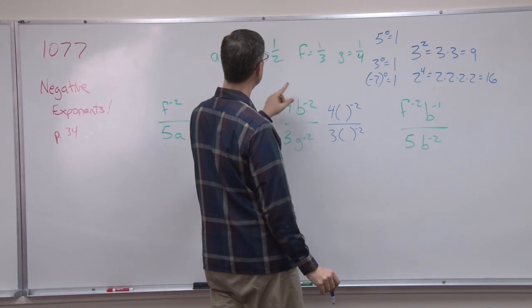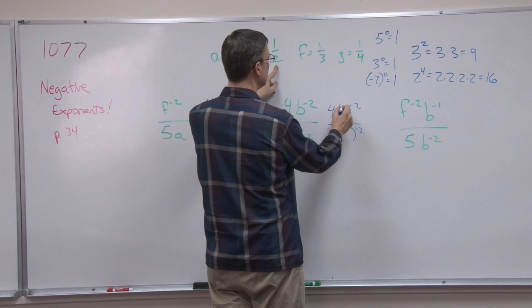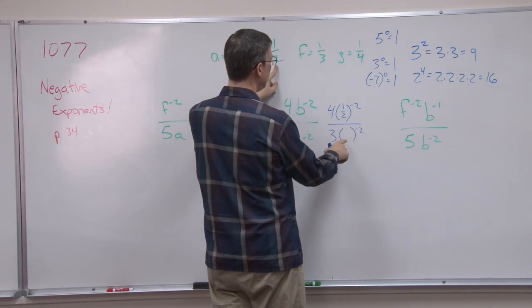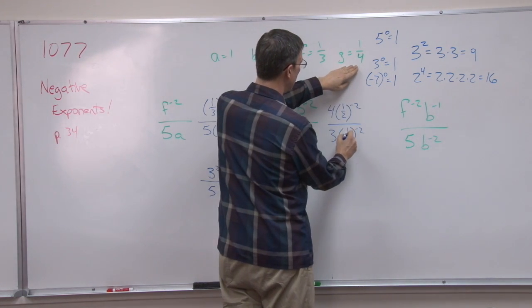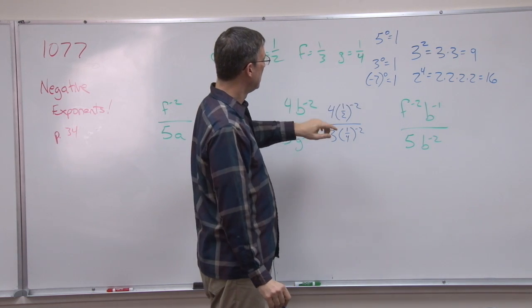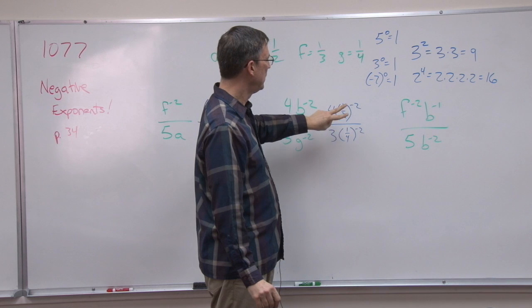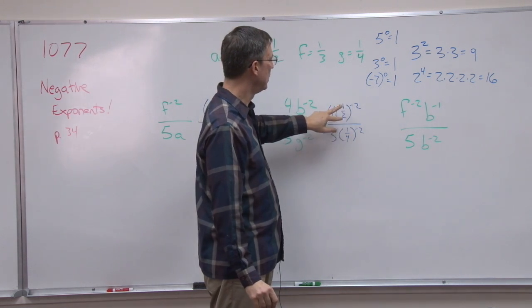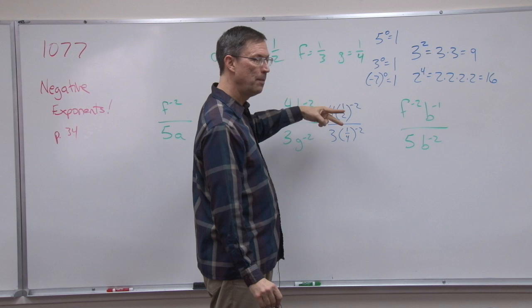Let's see what b is. b is 1/2. So I'm going to plug in 1/2. For g, I have 1/4. I'll plug in 1/4. Okay, you with me? 1/2, now, to get rid of this negative exponent, we flip it upside down.